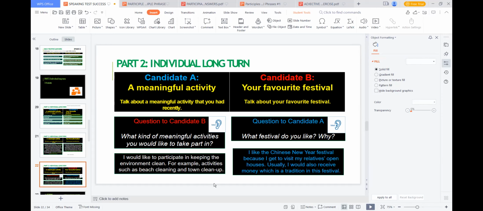So if it is you, what kind of meaningful activities would you like to take part in? Can I hear from you for this part? Even if you have never taken part in that kind of activity, can you think of other activities that you can take part in? Meaningful, which is meaningful?